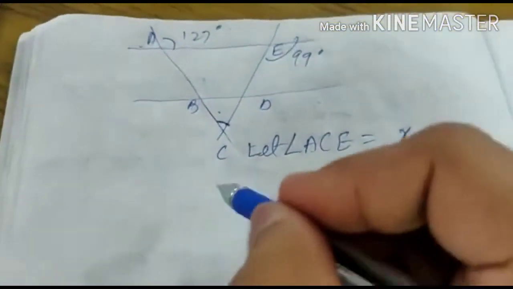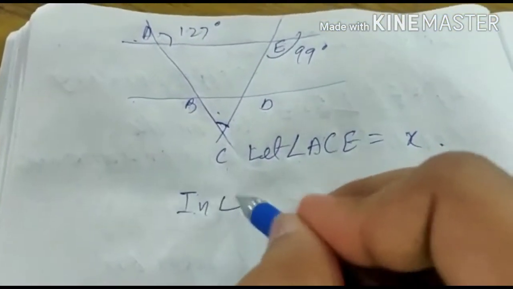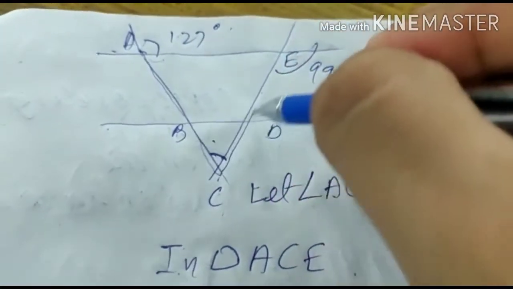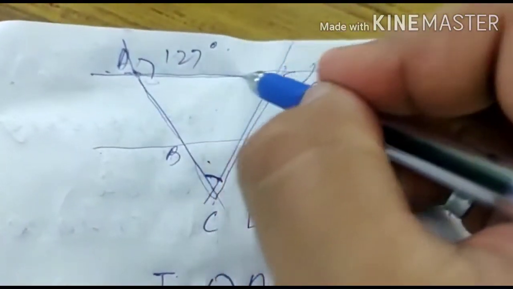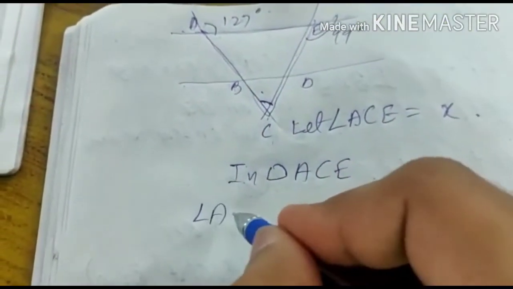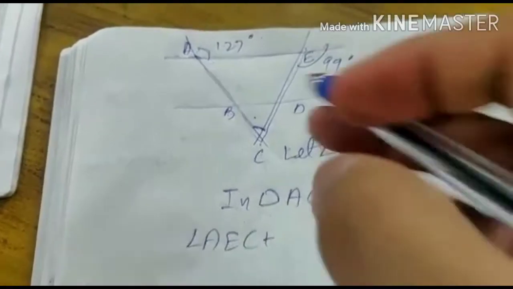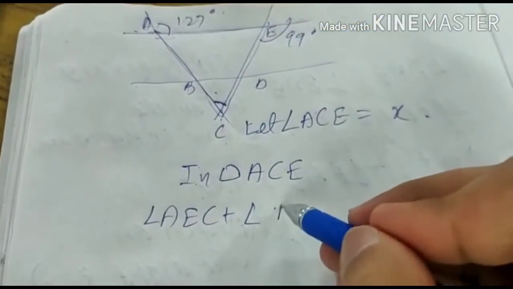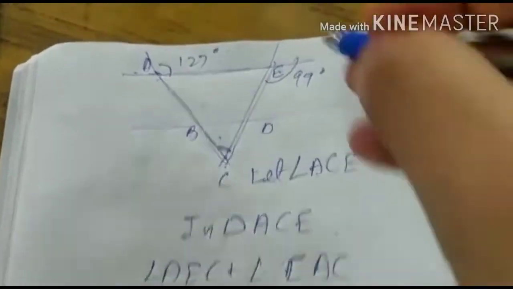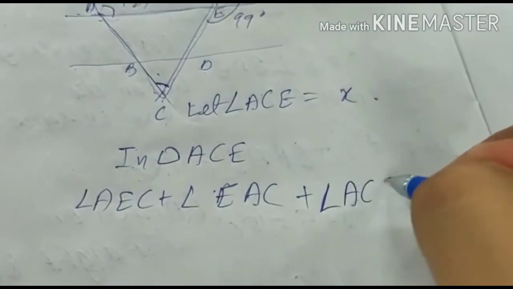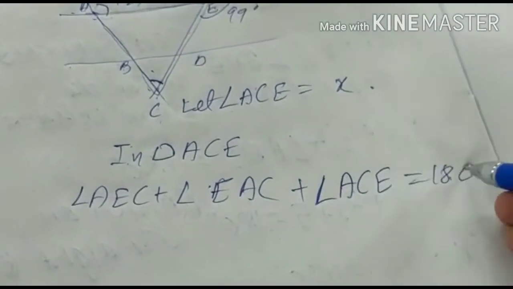So in triangle ACE, ACE means this, this and this. In this whole triangle, angle AEC plus angle EAC plus angle ACE will be equals to 180 degree.